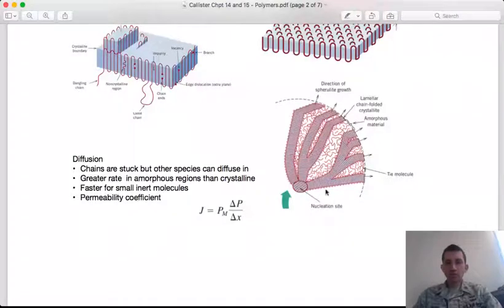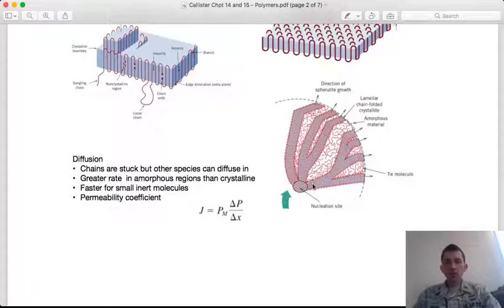And here, this should look very similar to the nucleation and growth of crystals in a metal system, where you have a nucleation site where you start to get your molecular chains crystallizing, and it essentially grows out from there, similar to what you would think about with a grain boundary growing.